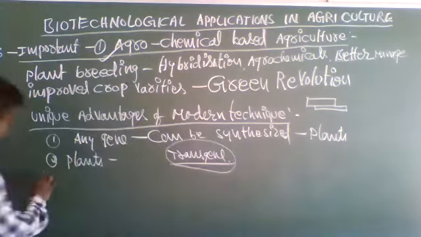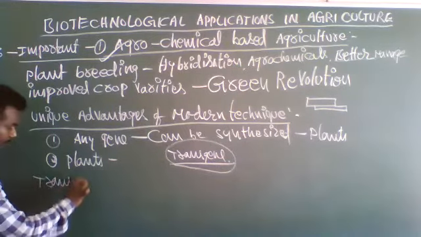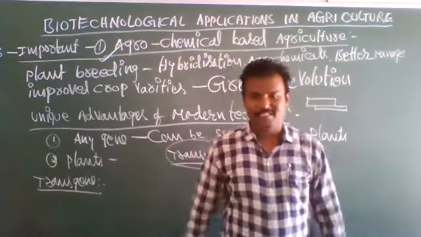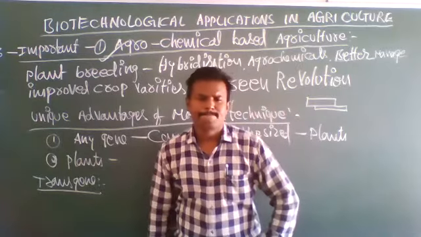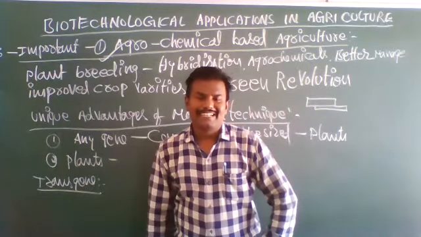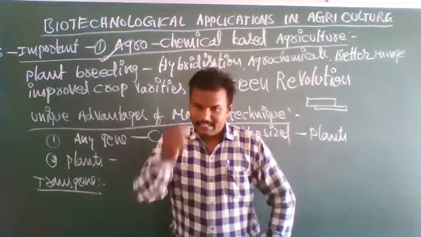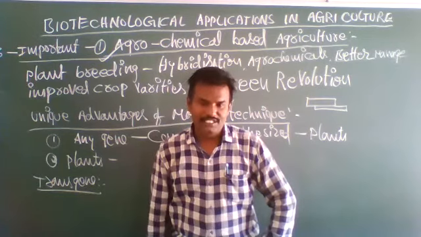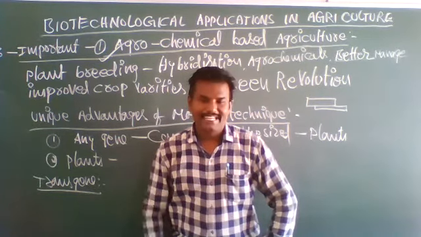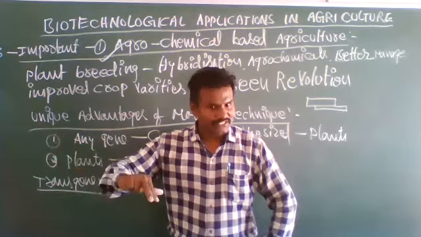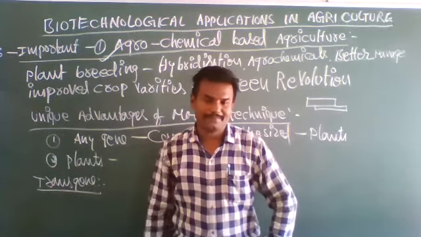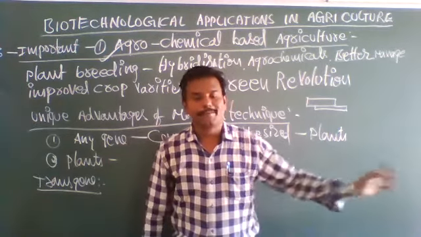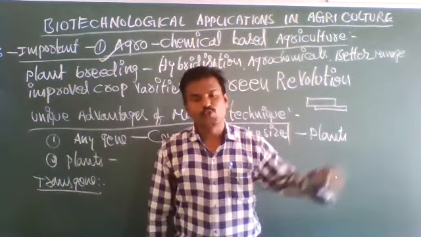Here, the definition of transgene. Transgene is a foreign gene which can be collected from an unrelated plant, animal, or any organism and introduced into a lesser plant to make it superior.